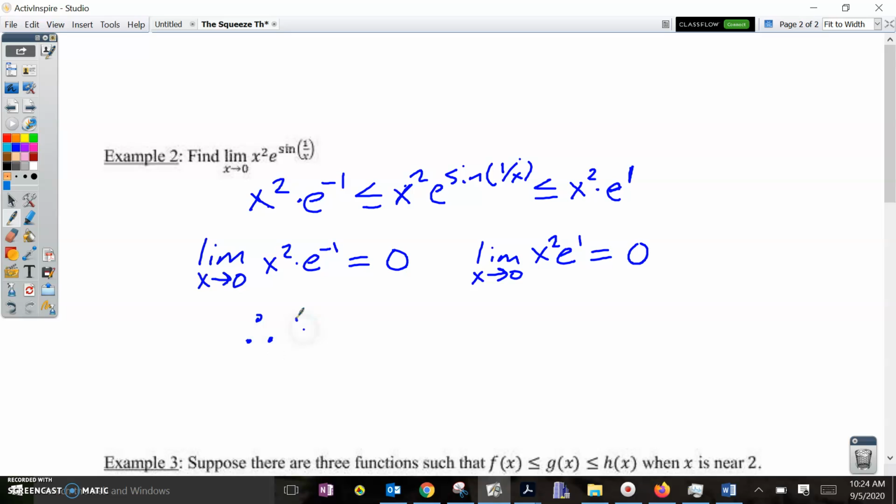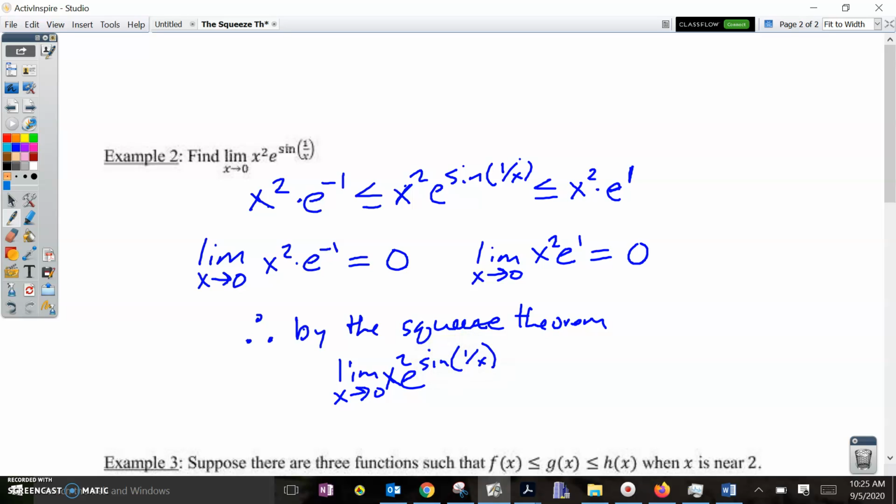And therefore, by the Squeeze Theorem, the limit as x goes to 0 of x squared e to the sine of 1 over x, it's sandwiched in between those, and therefore it also has to be 0. All right, on to example 3.